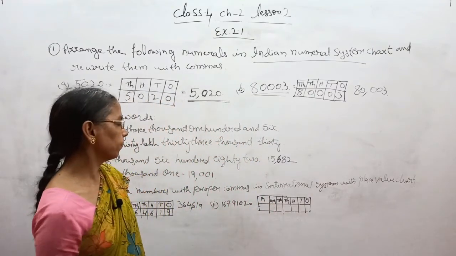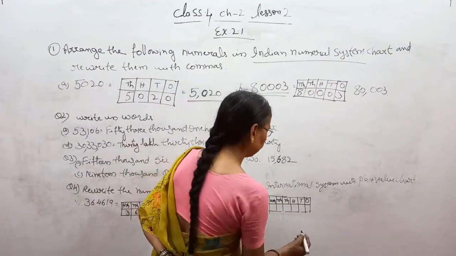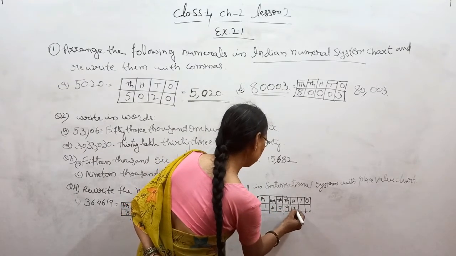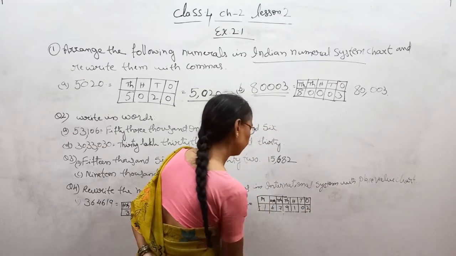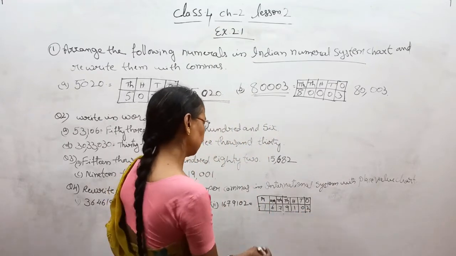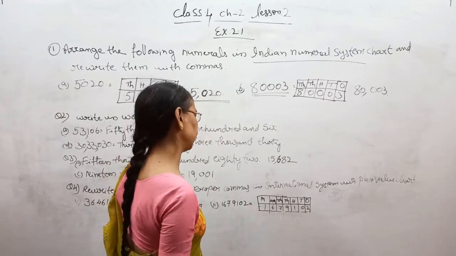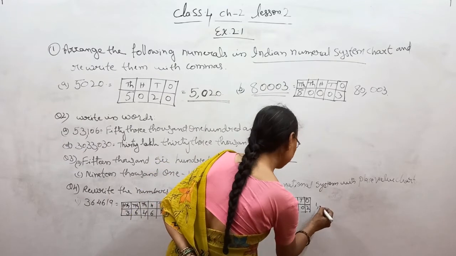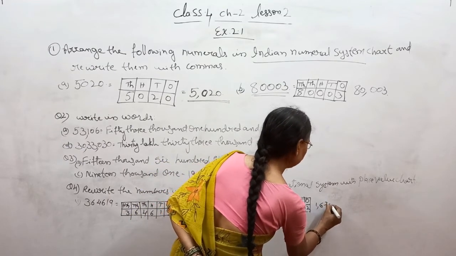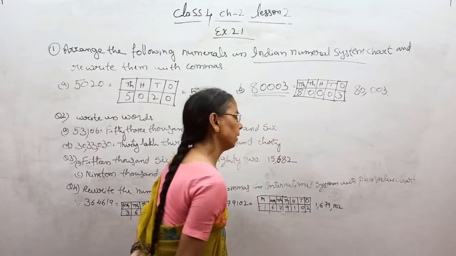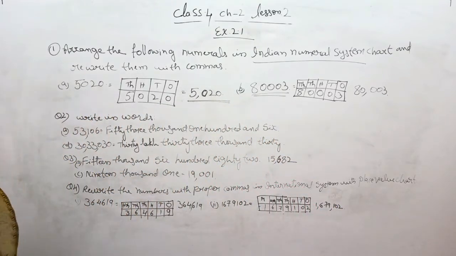In the international system we have millions. Now we can put the commas easily because we know which number is under which place value. That is 1,679,102.